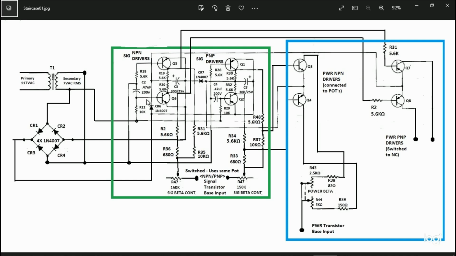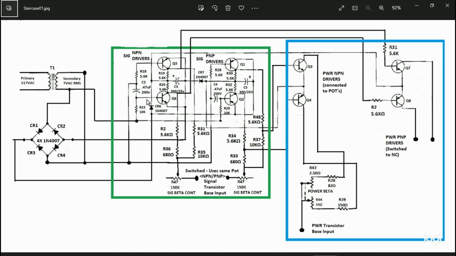In the case of capacitor C3, its positive termination is connected to the collectors of Q5 and Q6 through a 5.6k ohm resistor on either point.